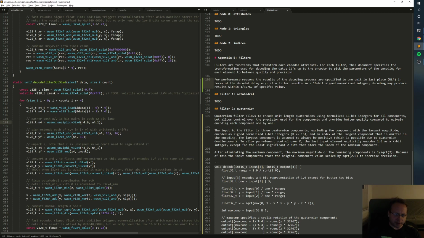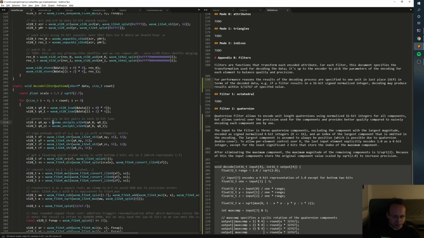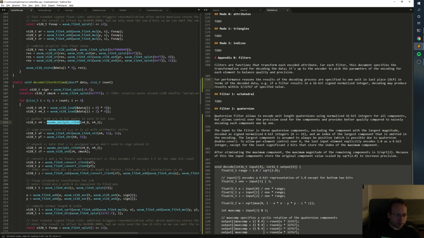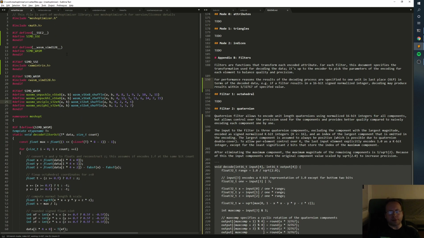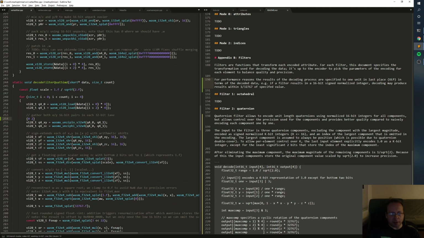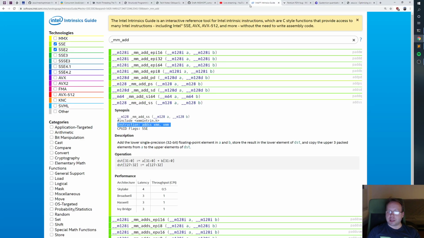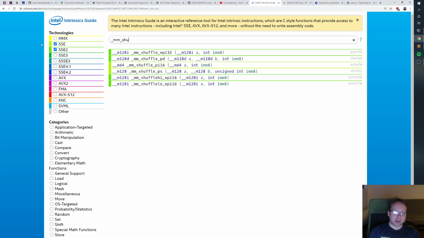I think this does something like, it says let me take components 0 and 2 from the first vector, and then 0 and 2 from the second vector, and then the next line says let me take components 1 and 3 from the first and 1 and 3 from the second. To do this in SSE, there is an instruction called shufps something.